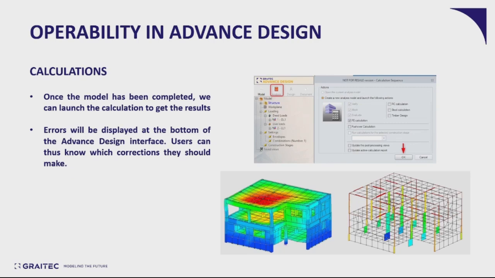Otherwise, if there is no error and they are just warnings, it's up to the user to decide if they will proceed with the results or they will go back to the model and fix any warnings. So basically, they can launch the results and see any results or perform any post-processing of the results.